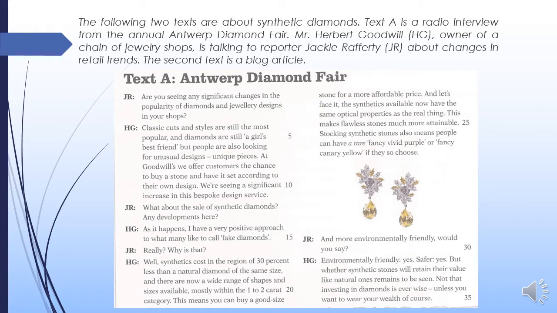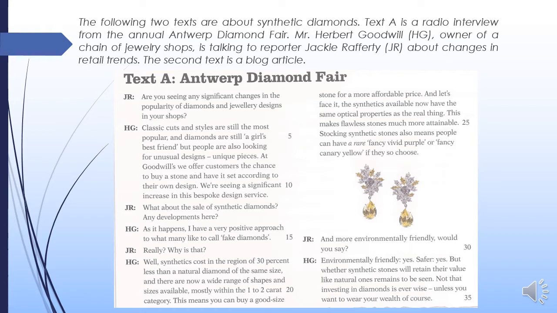JR: What about the sale of synthetic diamonds? Any developments here? HG: As it happens, I have a very positive approach to what many like to call fake diamonds. JR: Really? Why is that? HG: Well, synthetics cost in the region of 30% less than a natural diamond of the same size. And there is now a wide range of shapes and sizes available, mostly within the 1 to 2 carat category.